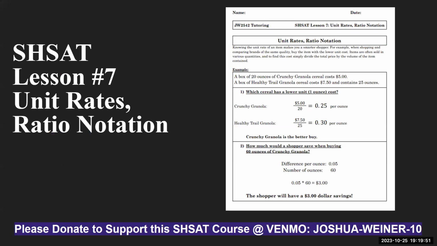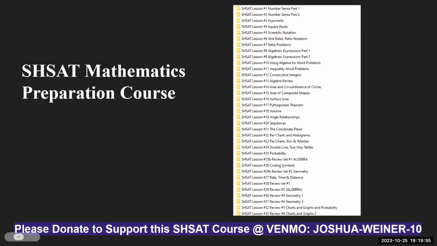Before we get to this core lesson, lesson number 7, this is a friendly reminder that this is one lesson of a full 33 lesson course. And the first 10 lessons pretty much focus on algebra, and then geometry, and then charts and graphs, and a few other math topics in probability and statistics.